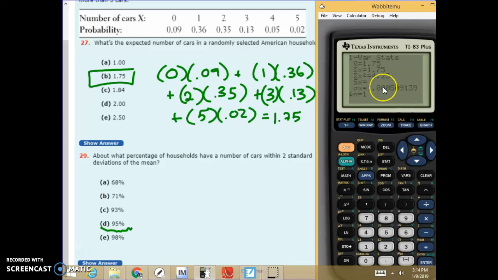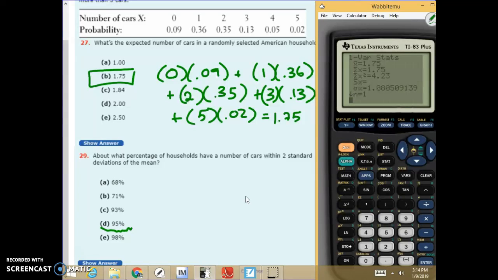So that helps us think about this question, within 2 standard deviations of the mean. So I'm going to write this out so we can see it and then think about it.